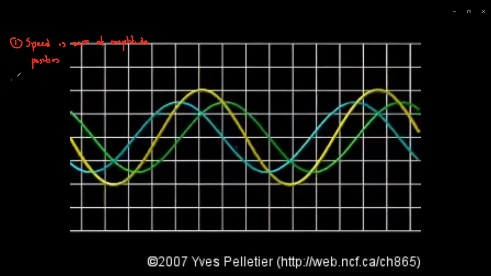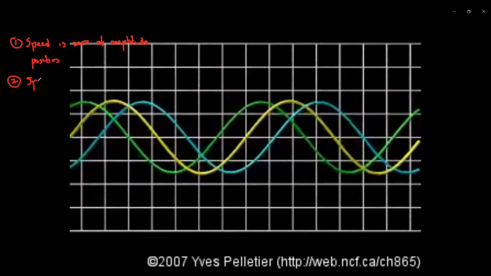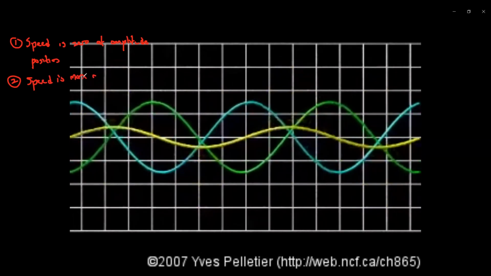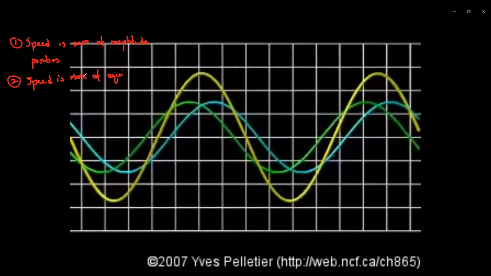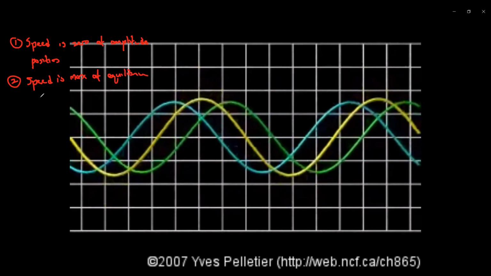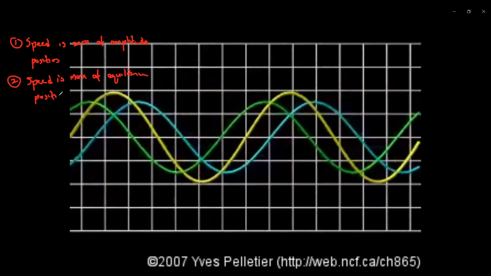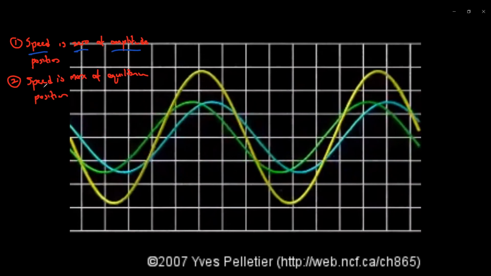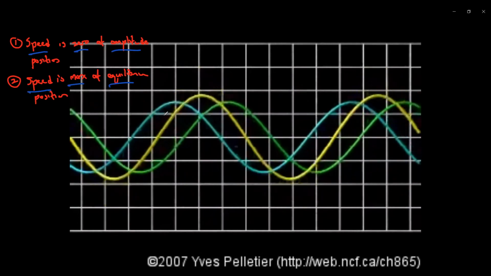And I further mentioned that speed is maximum at equilibrium position. So recall this from the waves section: speed 0 at amplitude, speed max at equilibrium.